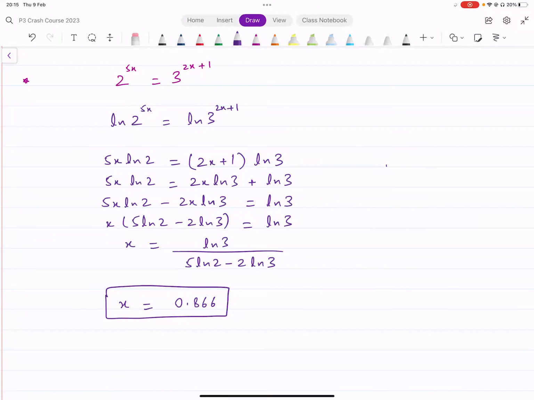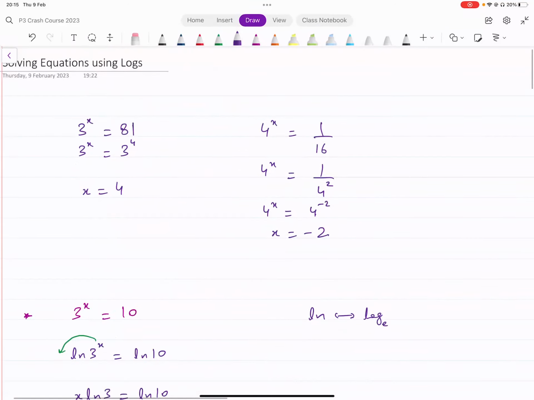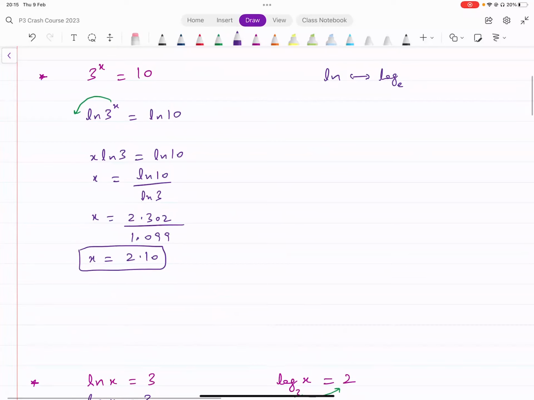All right. So this is how we solve different types of equations that involve the log function, or have x in the power. Now, let me just quickly go through all of them to give an overview of what we've done.